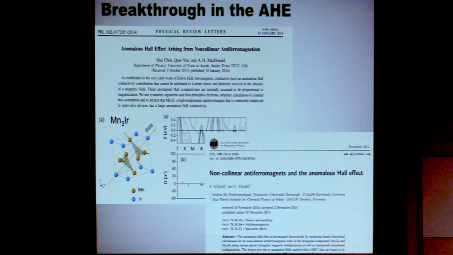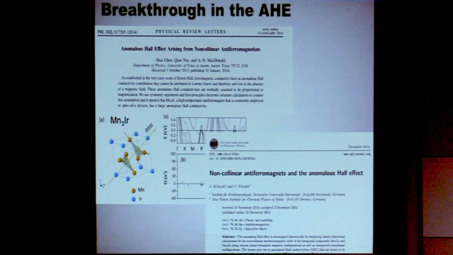And of course, Claudia's group also predicted the anomalous Hall effect in the same year, but this is in manganese-3 tin and manganese-3 germanium. Actually, there are some differences in these two papers. For example, in this one all the theoretical calculations were done for cubic antiferromagnets, manganese-3 platinum and manganese-3 iridium.